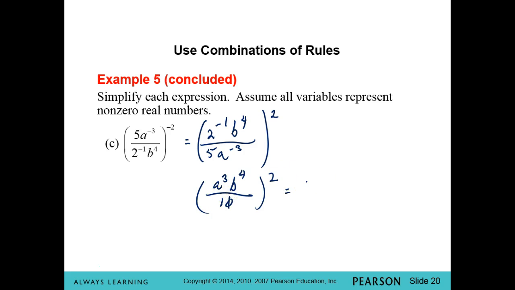Okay, now what are we going to do? Just square everything. A cube squared would be a what? 6? No. 2 times 3 times 2 is 6. B to the second? You're multiplying. Raising a power to a power, multiply the exponents. That would be 8 divided by, and just do 10 squared.